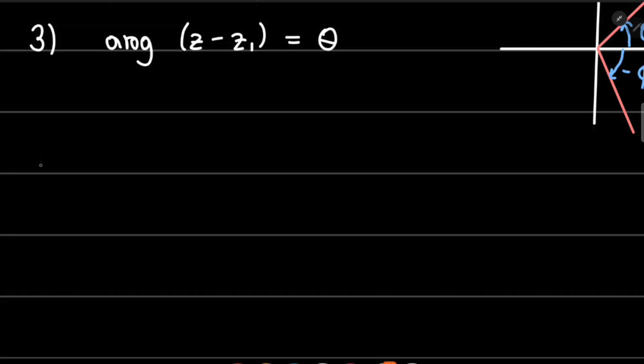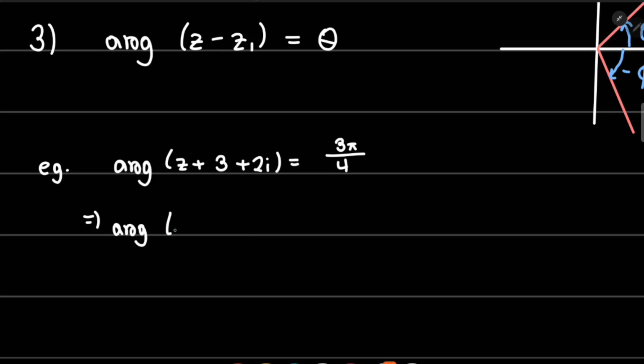So if I show an example, suppose I get the argument of z plus 3 plus 2i is equal to 3 pi by 4. If I convert it into the form we had, we get arg(z minus (-3 minus 2i)) equals 3 pi by 4.